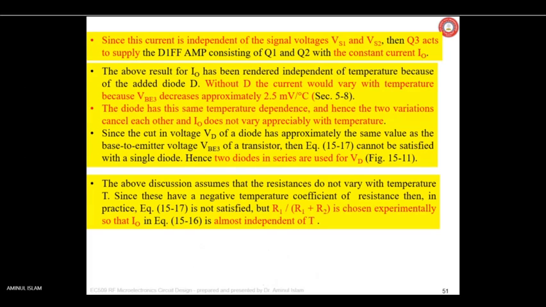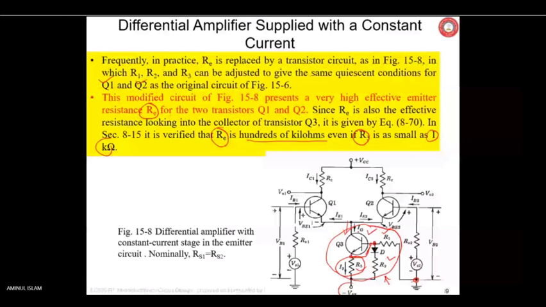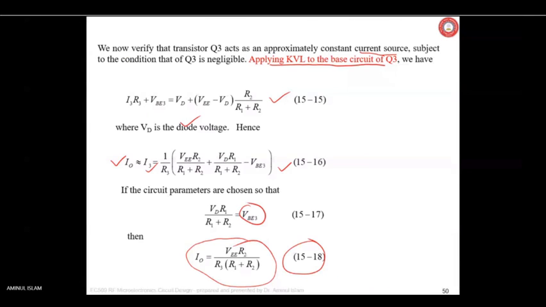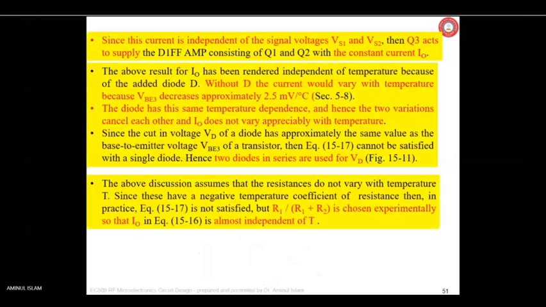Since this current is independent of the signal voltages Vs1 and Vs2, I mean to say IO doesn't depend on this one as well as this one. It is independent of that. Only a few resistances and the diode are involved, and the supply voltage.